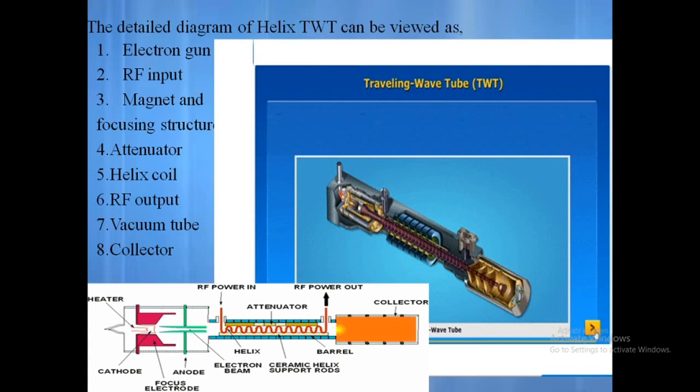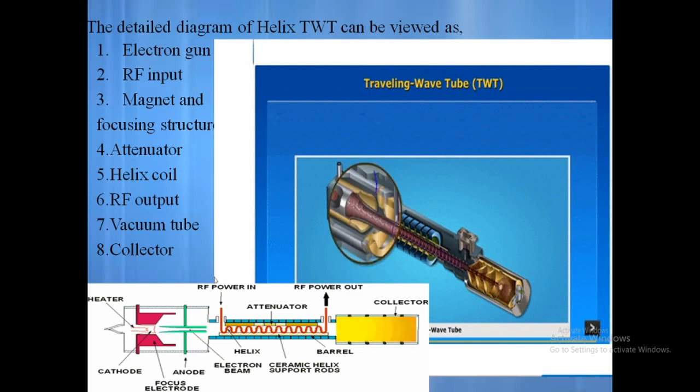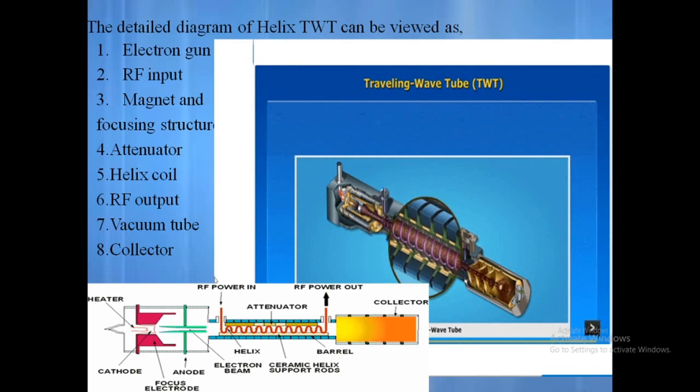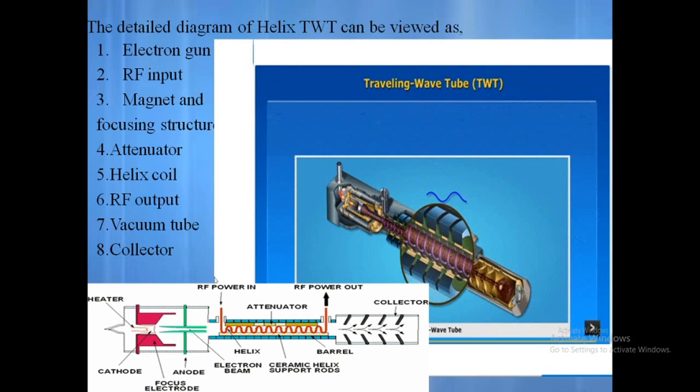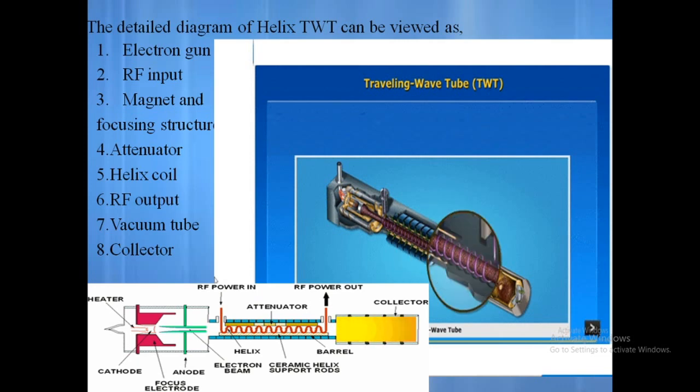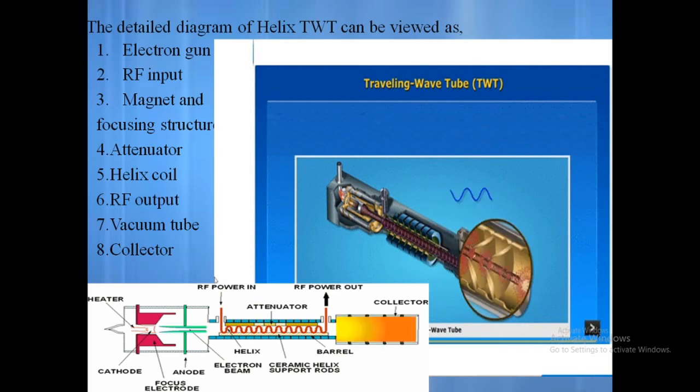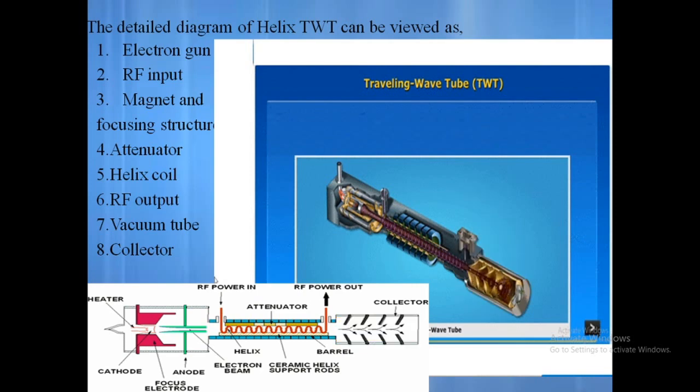The main function of the attenuator is to attenuate the oscillations, meaning the backward and forward motion of the electron beam. It will be avoided by using the attenuator. Helix coil. The helix coil is in the form of a helical shape, which is around the electron beam. The main function of the helix coil is to propagate the RF signal in it.